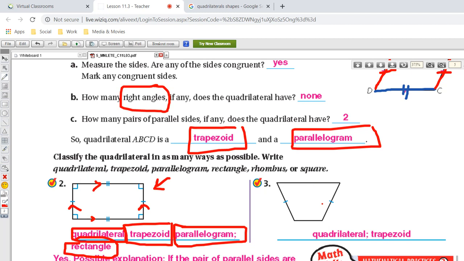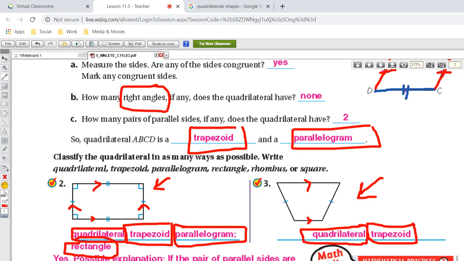Okay, the next one. Firstly we ask, this is a quadrilateral, right? So we write quadrilateral. And then there's a trapezoid because we have only one pair parallel. And we ask ourselves, is it parallelogram? Talk to me, guys. Can we write here in this shape parallelogram?